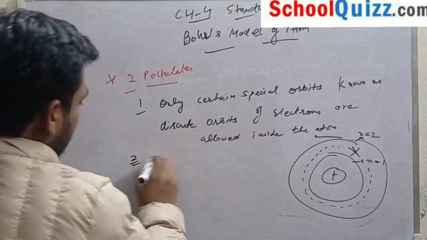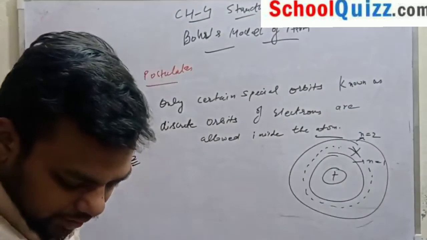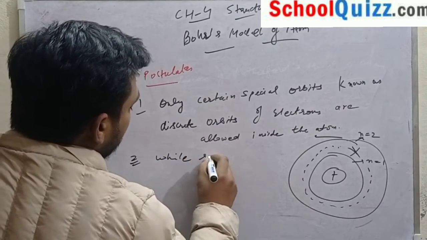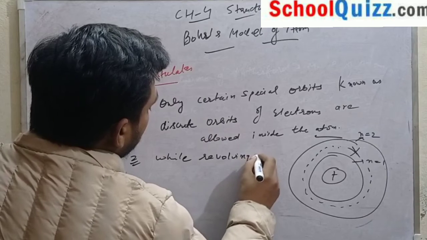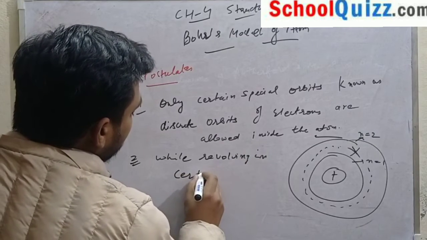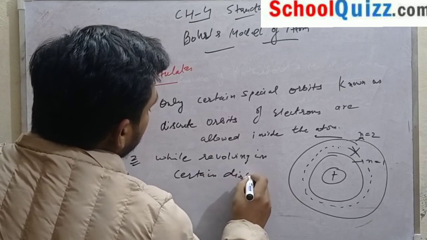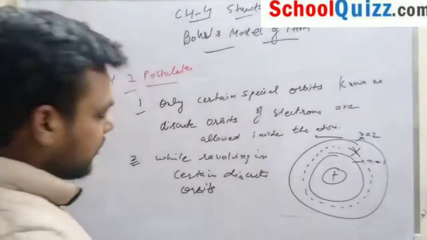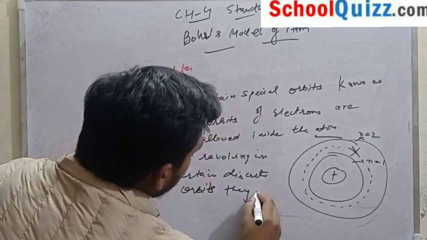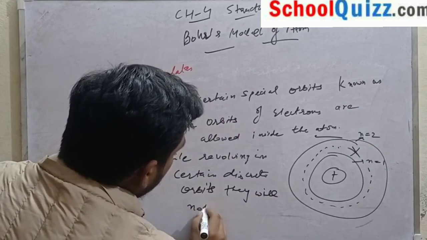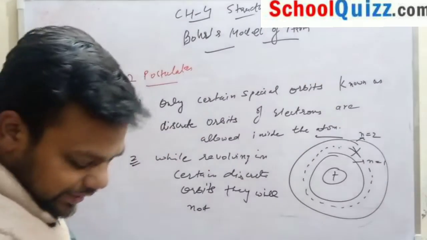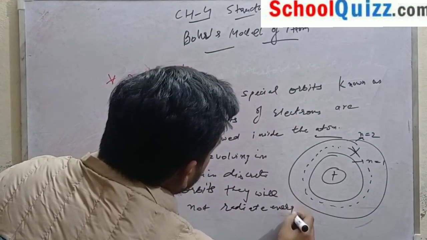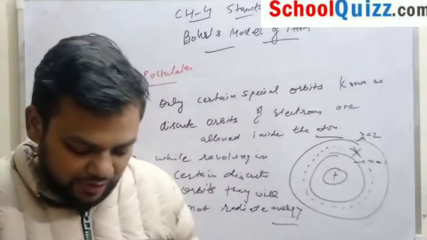Okay. Second point is, same thing which I have already told: while revolving in certain discrete orbits, they will not radiate energy.